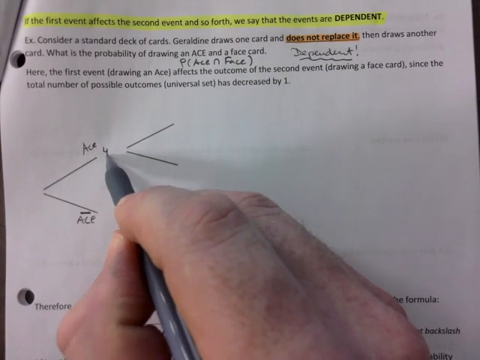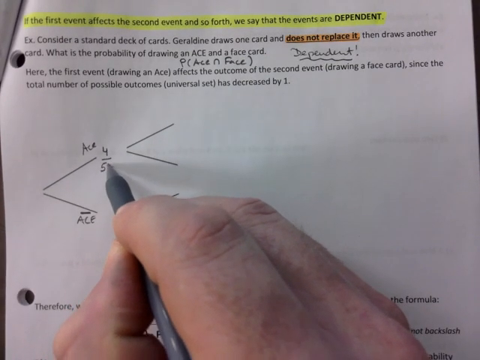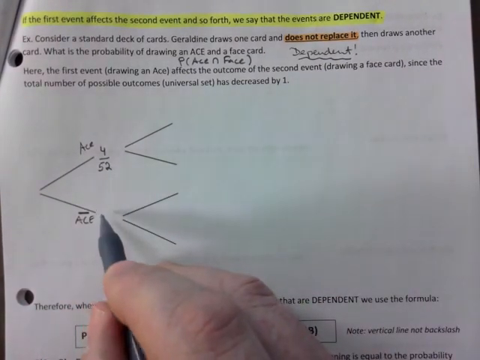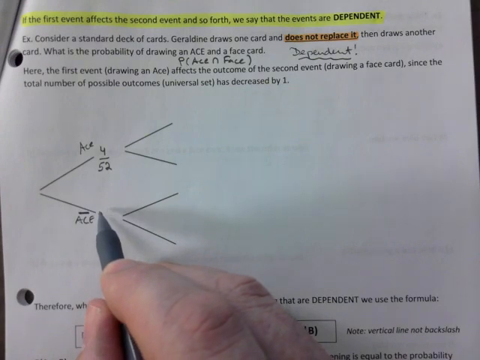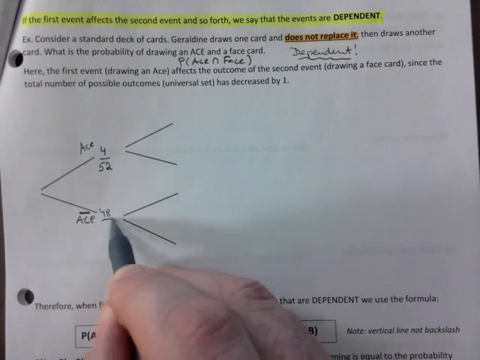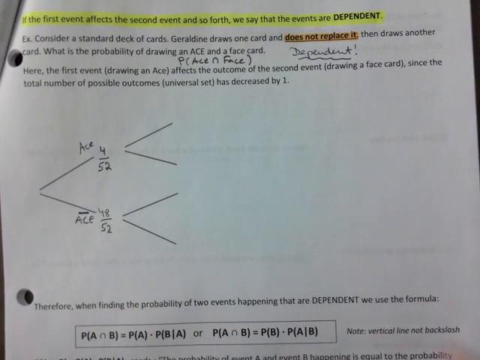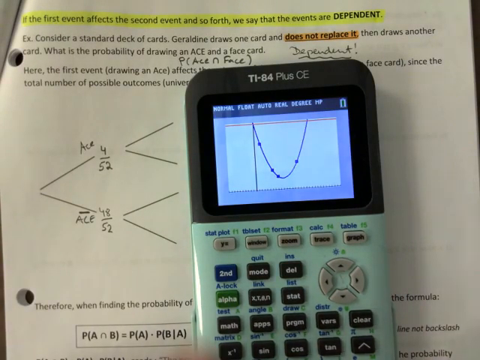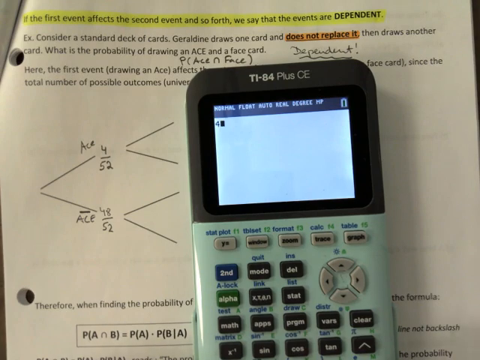What's the probability of drawing an ace? There are 4 out of 52, correct. And therefore, the non-ace cards are 48 out of 52. You could have just stuck to decimals because sometimes there will be instances where that's what you want to do.